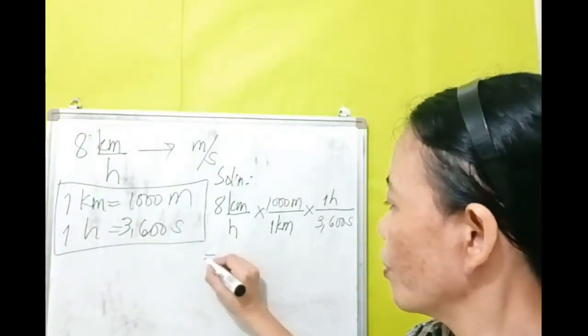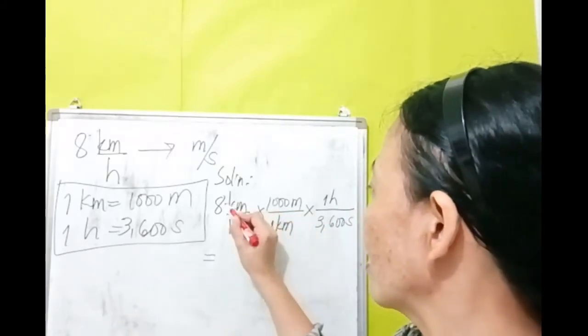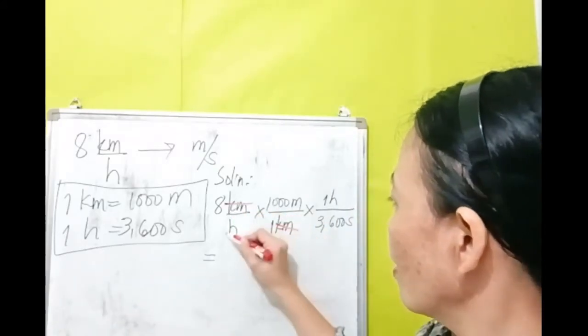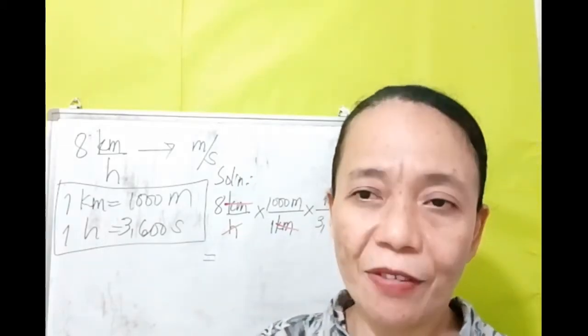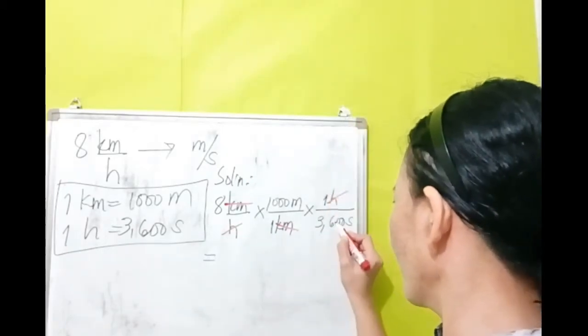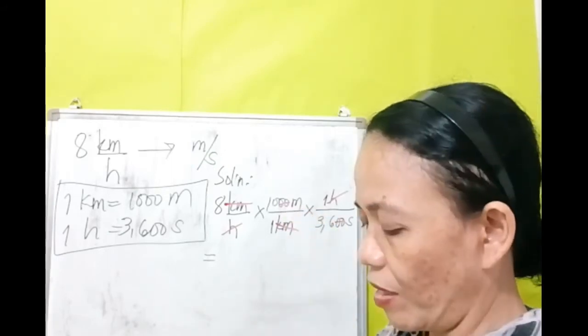Okay, so what are the units to be cancelled? We're going to cancel kilometer, kilometer, hour and hour. What else? The number of zeros. So 2 zeros in here, then 2 zeros in the numerator.